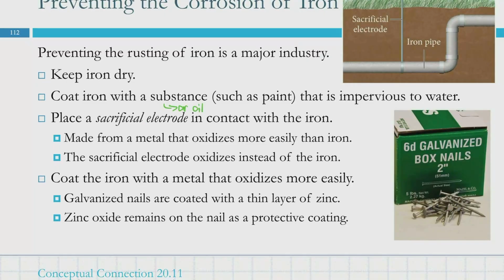You can also use a sacrificial electrode. This is a metal that oxidizes more easily than iron. I don't know whose video it is, but there is a video about the use of sacrificial electrodes in like dams in the Netherlands, maybe. But basically there's like these huge underwater walls that they've got that have iron on them.